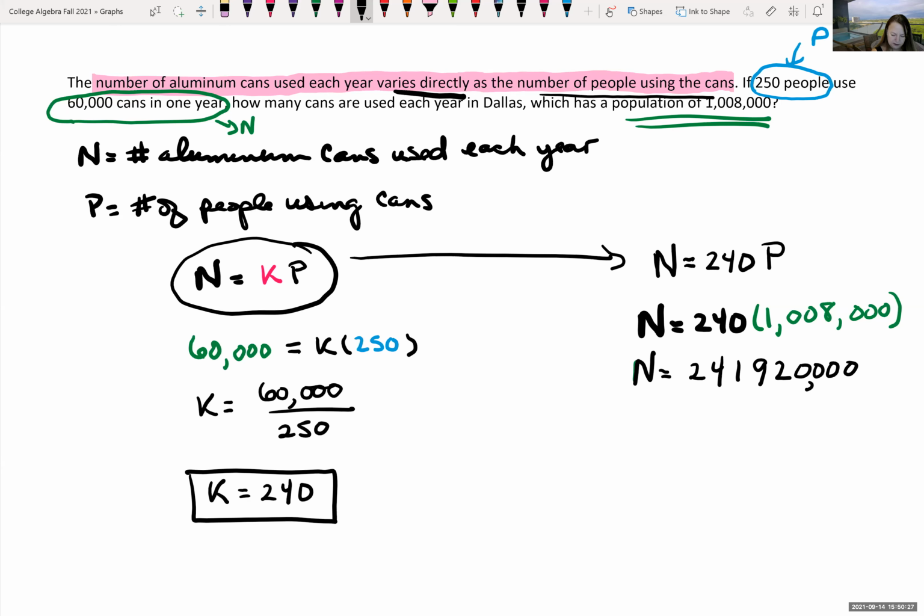Let me just put my commas in there so I can read that off. So that's 241,920,000 cans used in Dallas each year.